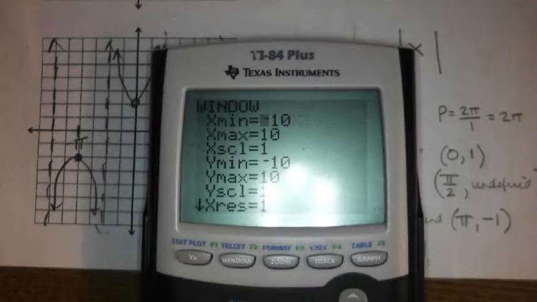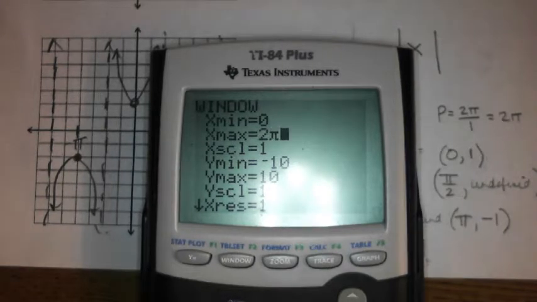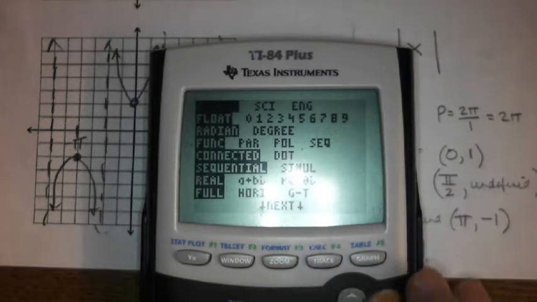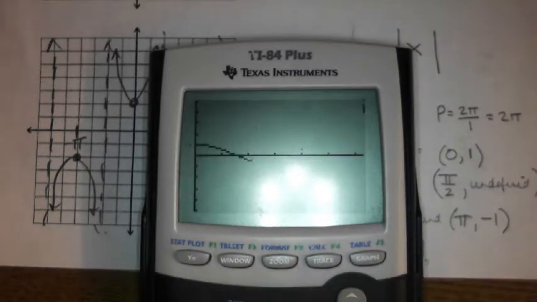So I just got to make my window 0 to 2 pi, negative 5 to 5 will do. Make sure our mode is in radians. We're good. So again, the absolute value does nothing to the cosine curve, right? How do we make sense of that? Why doesn't it do anything?